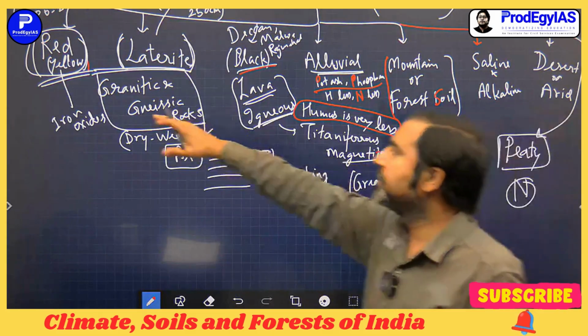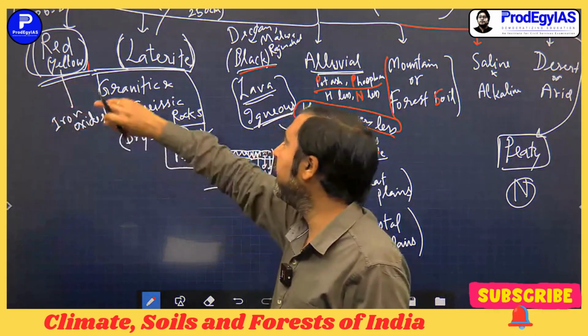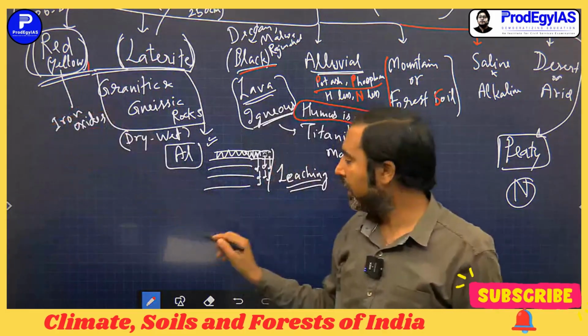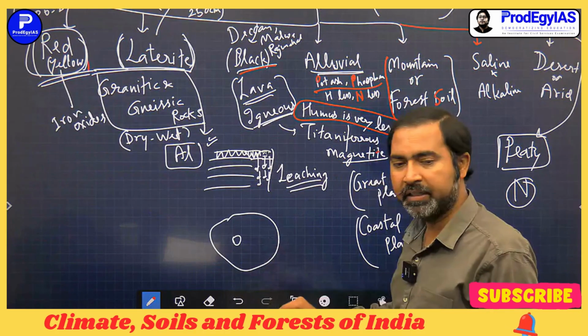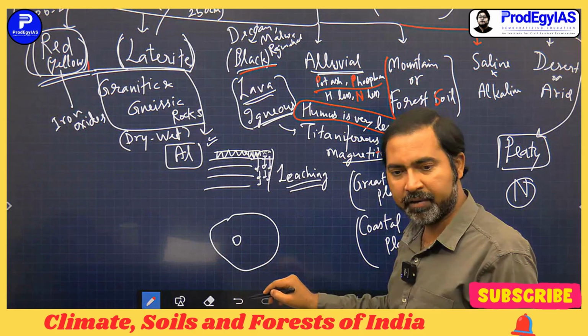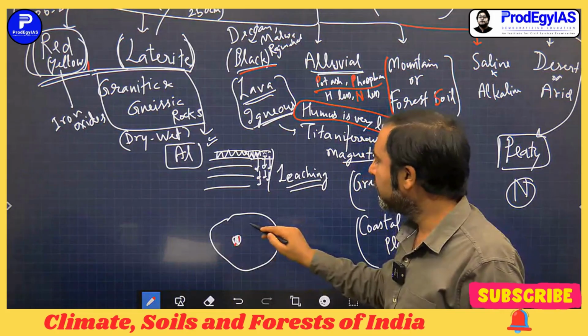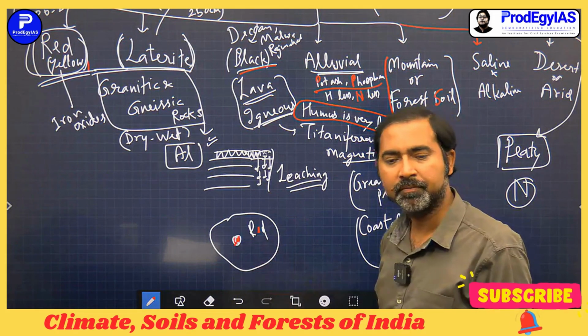In the northeast, and in all the major areas of peninsular India, this is a region of red soil. But if a particular area has alternate dry wet conditions and is a high rainfall zone, then in this red zone a lateritic zone will develop, right?